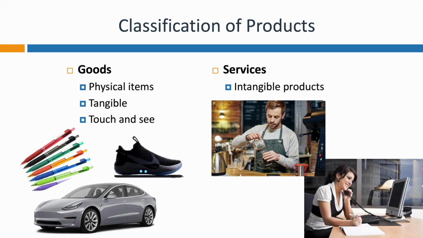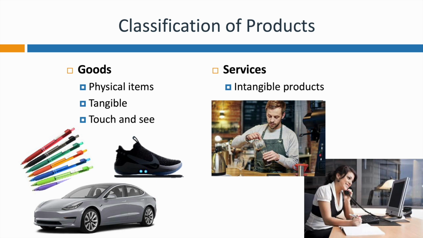If somebody makes you a coffee or does your accounting for you, yes, you can touch the coffee, you can touch the paper on which you have the results of, for example, the accounting audit, whatever. But the service itself is not tangible, it's intangible, and it's actually the service itself, the activity that is done by that person, that adds the most value.